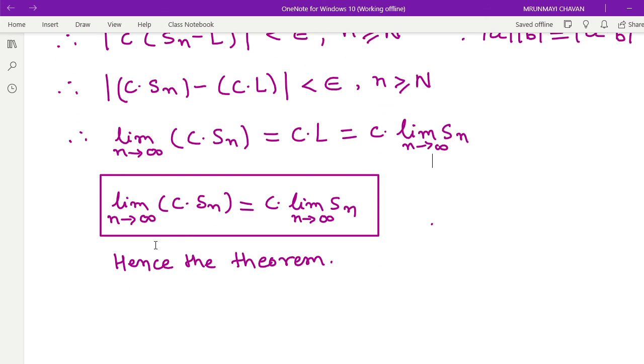Thus we have shown that the limit of C into Sn is equal to C into the limit of Sn. Hence we proved this theorem. So we stop here.